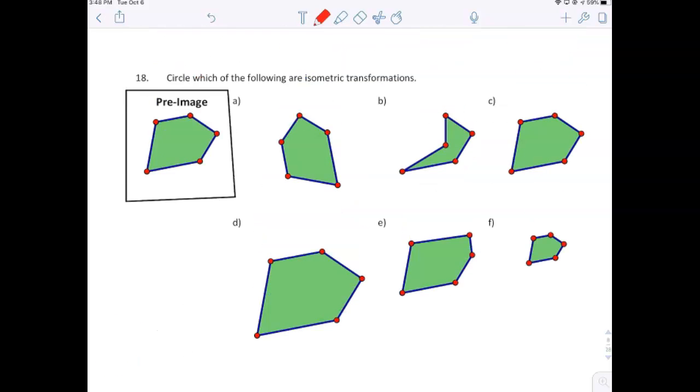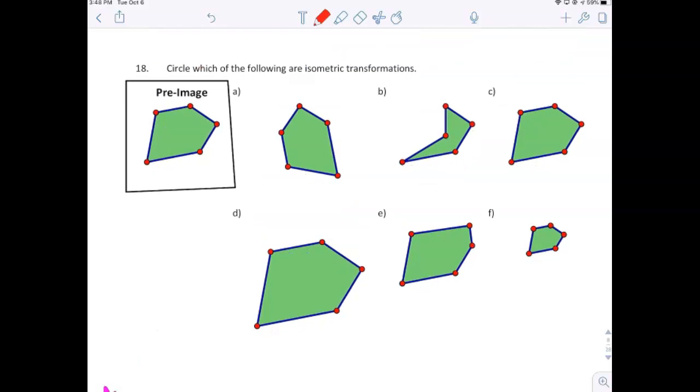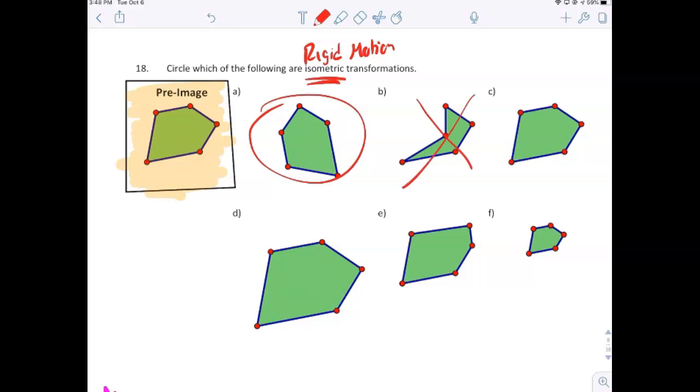and looking at page 8, let's see which of those 6 shapes on the right are isometric, which is a synonym of rigid motion, right? That's what isometric means. This one is, it was just rotated. That one got kicked in. That's not even the same shape.